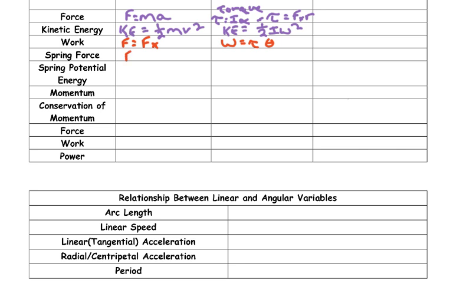Spring force, of course, was negative kx, k being the spring constant, and x being the distance that spring is compressed or stretched. A spring force, if it's for something in a circle, doesn't come up very much, is going to be the spring constant times the angular displacement. But this spring constant is a little bit different because, again, we have to have our units in check.